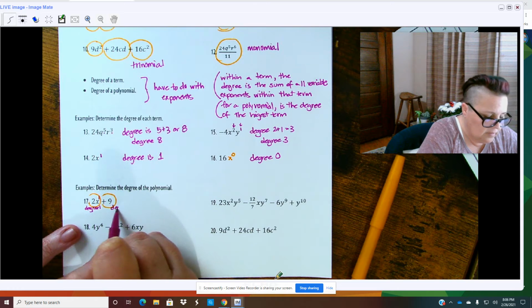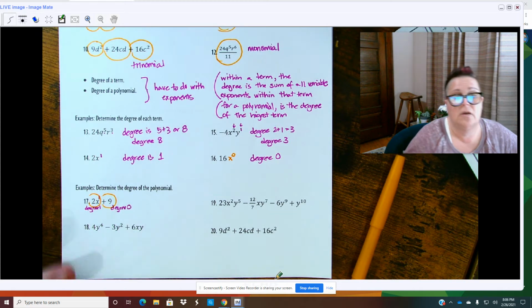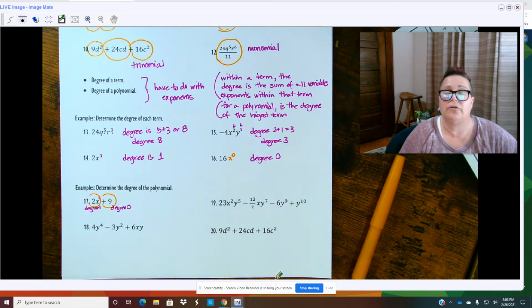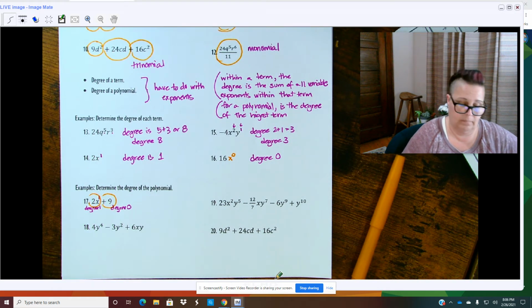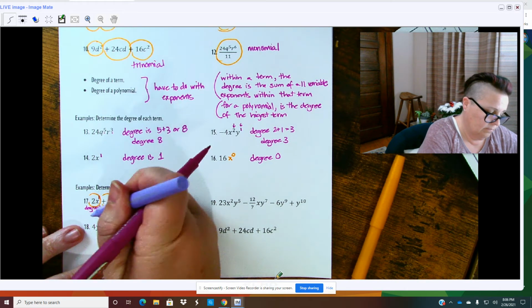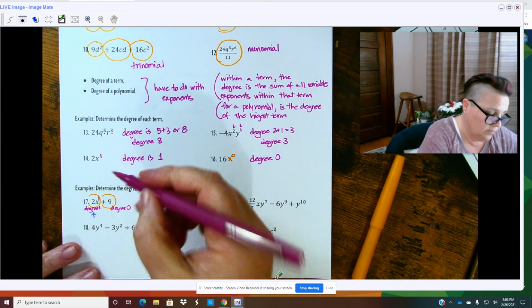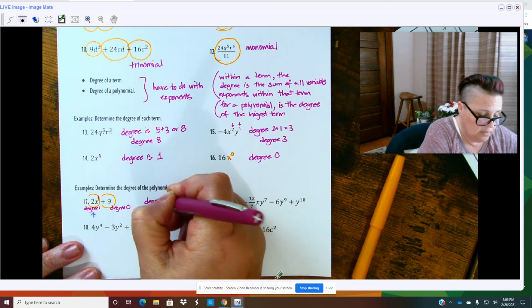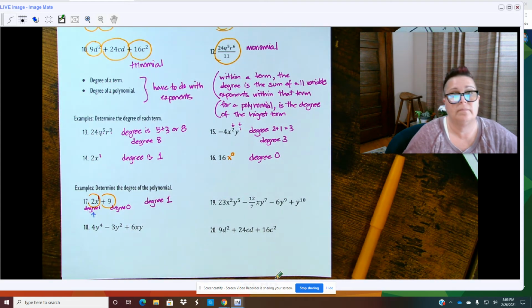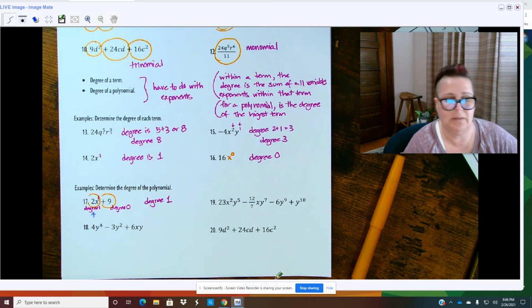This is degree 0. What's the highest degree of any term? The highest degree of any term is the degree of a polynomial. So this is going to be degree 1. Right?